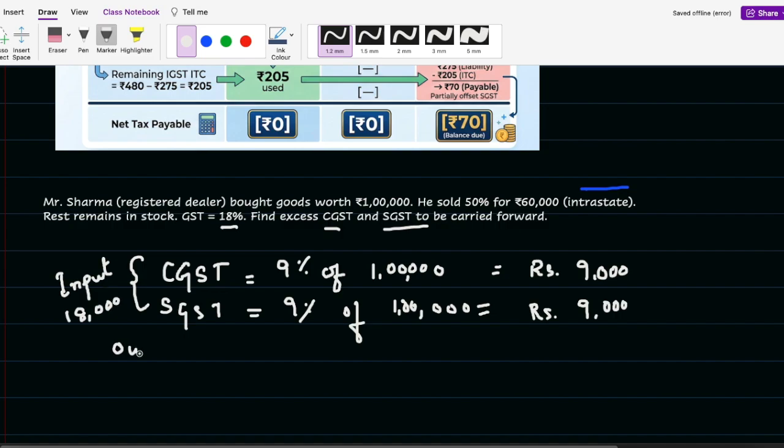What about output? Output GST will be 18% of 60,000, which will be 6 into 18, 108, so 10,800.